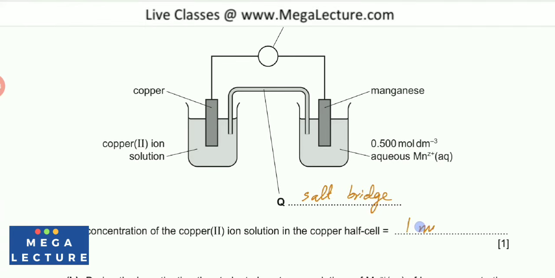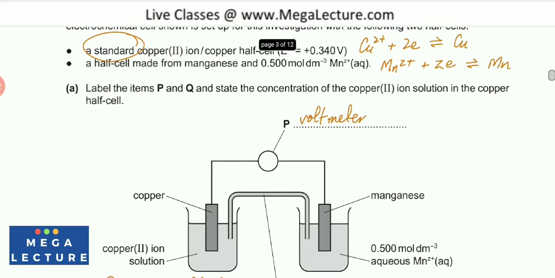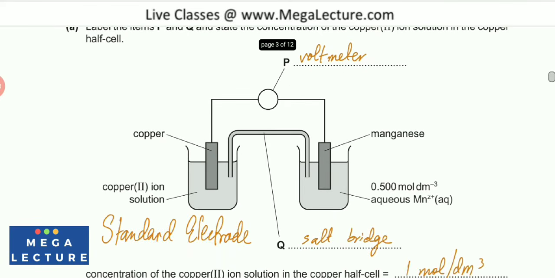So the concentration of the copper ions in the solution, because it's a standard electrode, this one, not the other one. The other one is not mentioned as a standard electrode. This one is. So standard electrodes have standard conditions. And you can even see that this electrode is not under standard conditions because the concentration is given as 0.5 mole per decimeter cube. Hence, it's not under standard conditions.